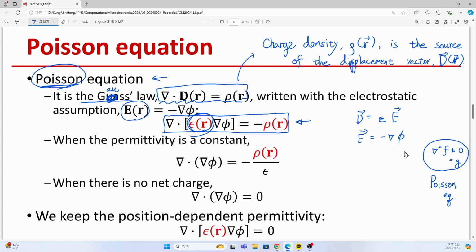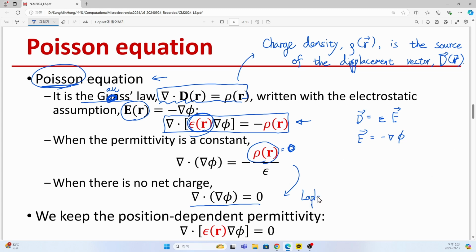So we will just follow that convention. And we can make an even further simplification. If we don't have any net charge, so net charge density vanishes, in this case we can have this form, and this form is of course called the Laplace equation.